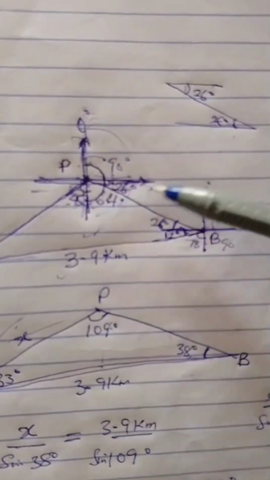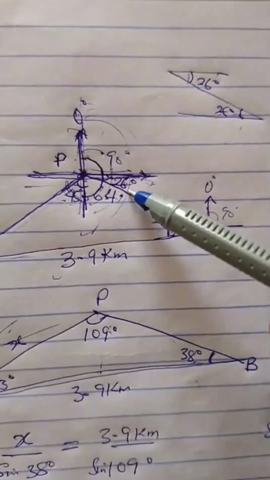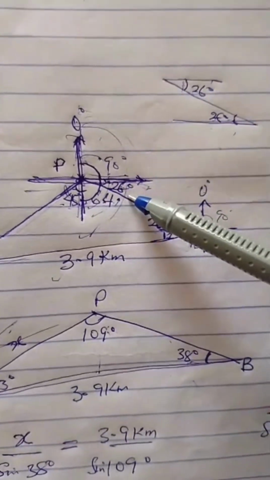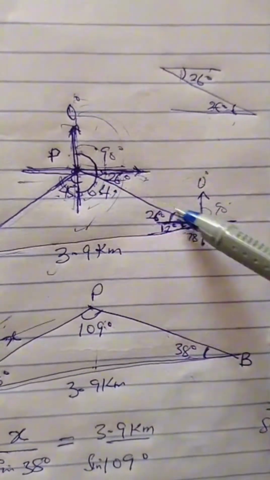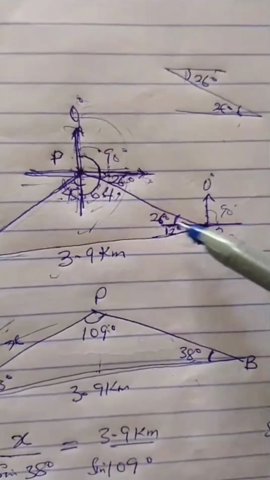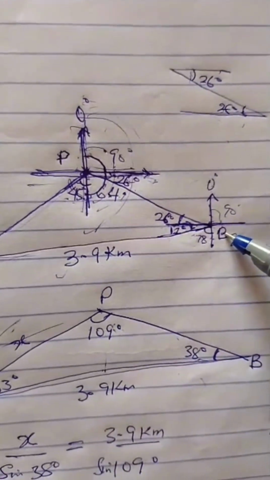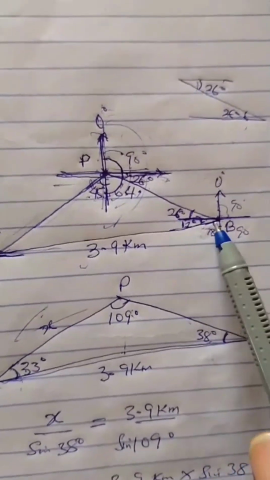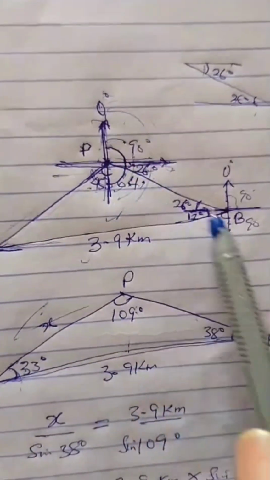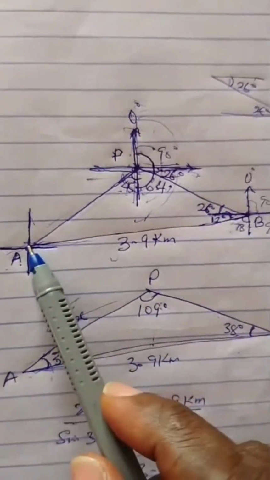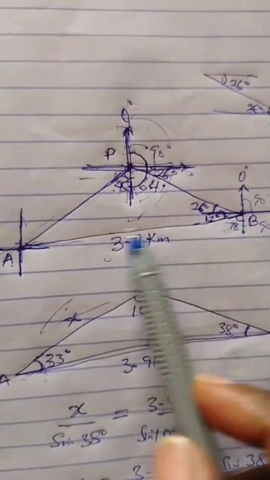It's 26 degrees. So just draw another straight line to the center of another cross. Put B there.